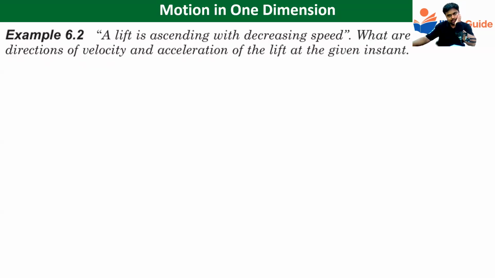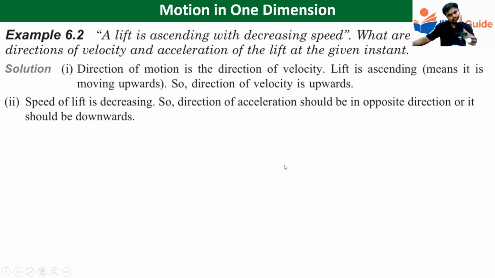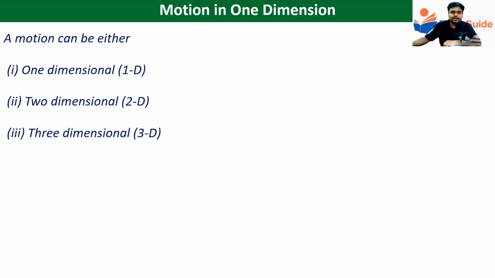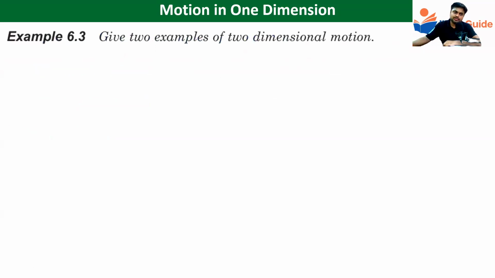Good. Tell me this. Perfect. Motion can be 1D, 2D, 3D, and it can be uniform motion, uniformly accelerated motion, or non-uniformly accelerated motion.